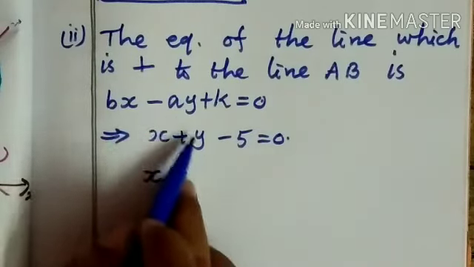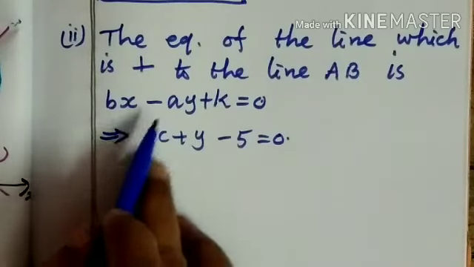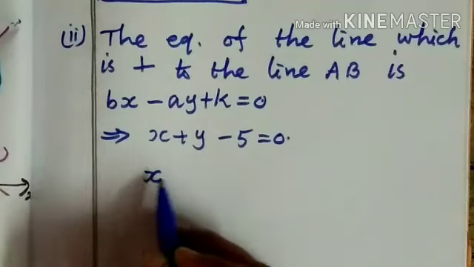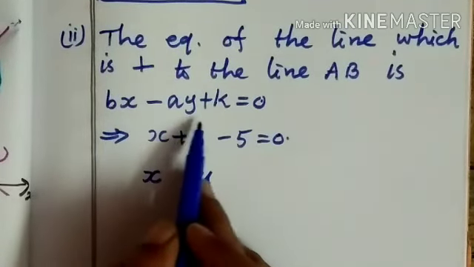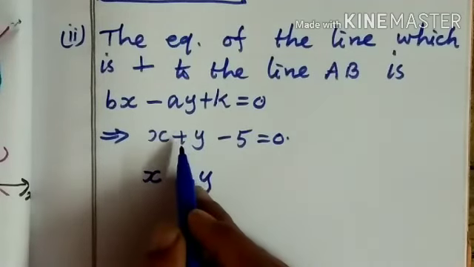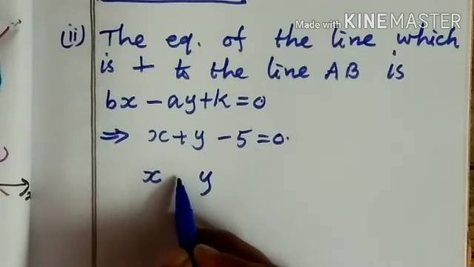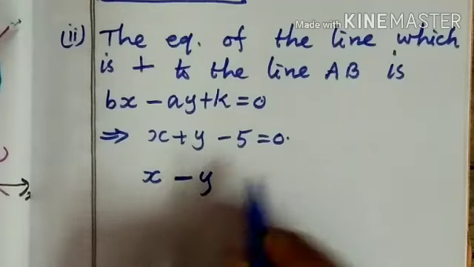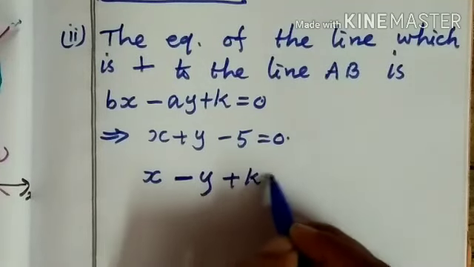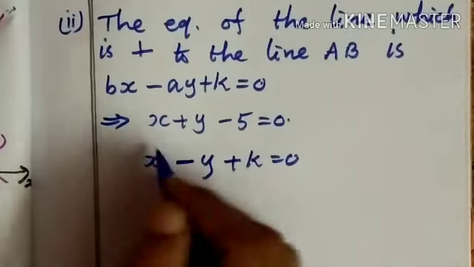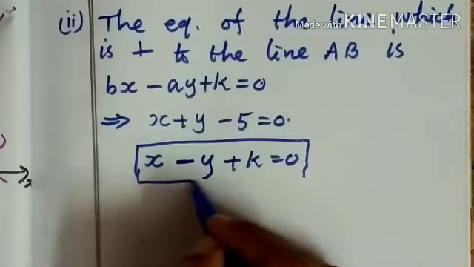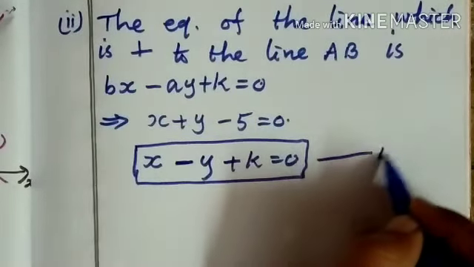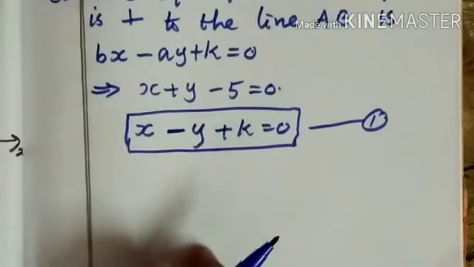First you interchange the coefficient of x and coefficient of y, then next step you change the sign of the y term. Here plus is given, so you change it to a minus, plus k is equal to 0. This is the equation of the perpendicular line. Let us keep this as equation number 1.